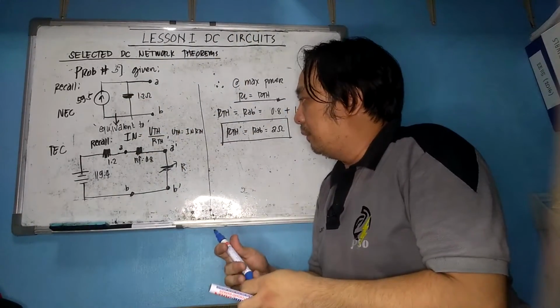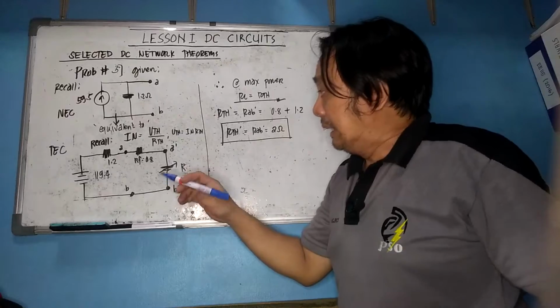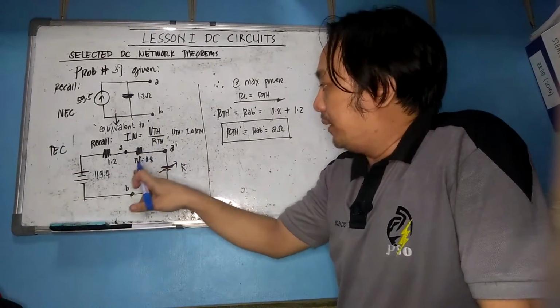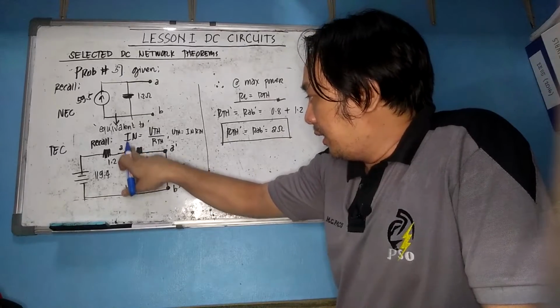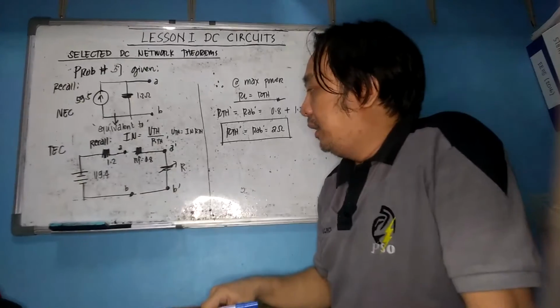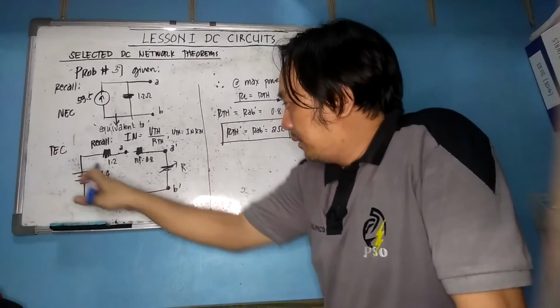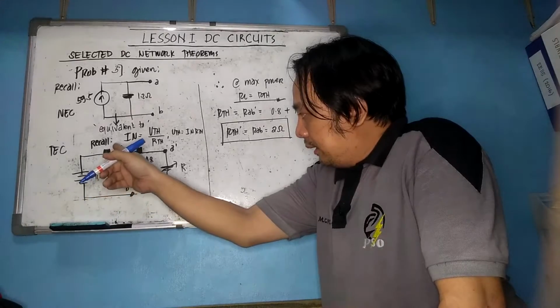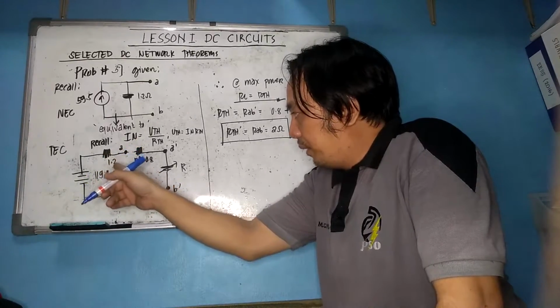Now you can transform it to its corresponding TEC. Initially, I will not connect this one. This is the Thevenin's equivalent, 119.4 volts and 1.2 ohms in series.